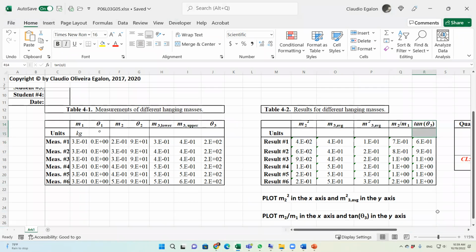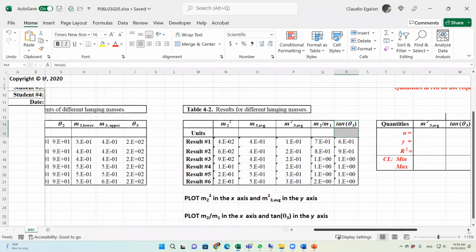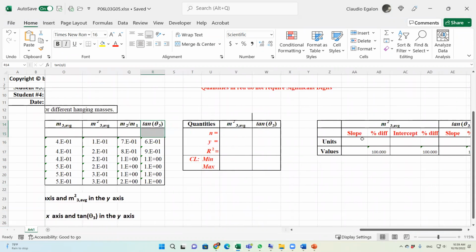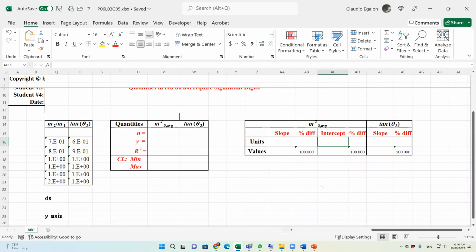The unit for tangent should be 1 as well. The units of the slope of the first graph should be 1, a unitless unit. But not the intercept. The intercept should have a unit that I want you to find out.